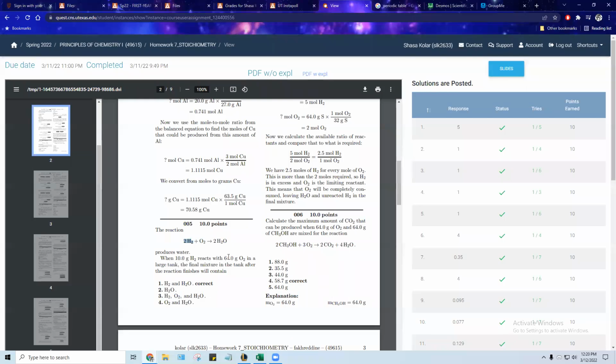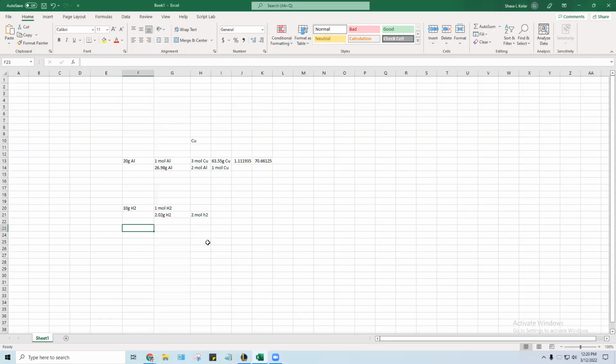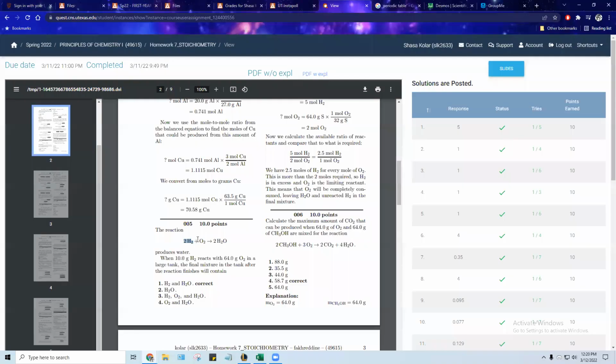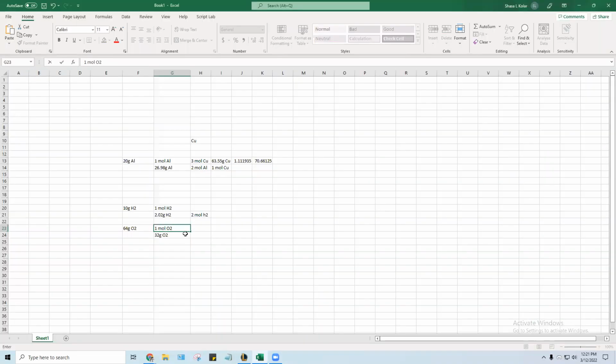And then we have 64 grams of oxygen. And each mole of oxygen is about 32 grams for 1 mole. And then every mole of oxygen is just 1 for 1. It goes with the equation. So that gives us 2 moles of oxygen.